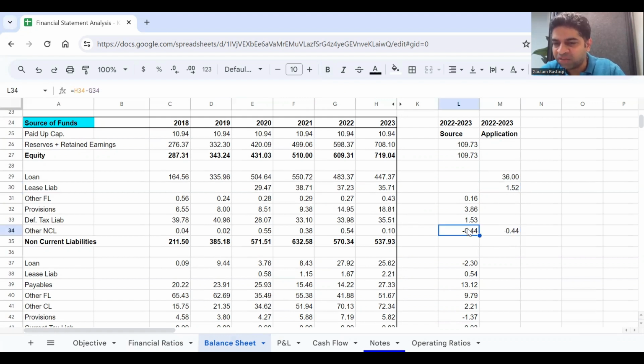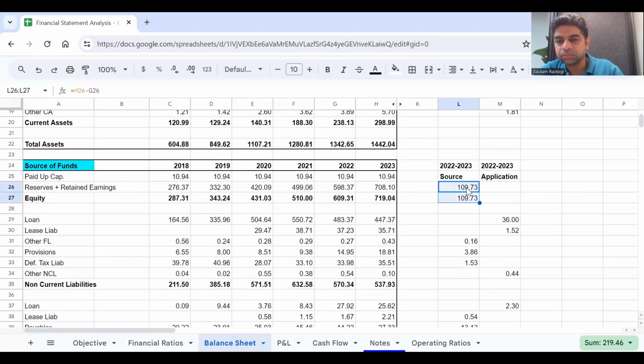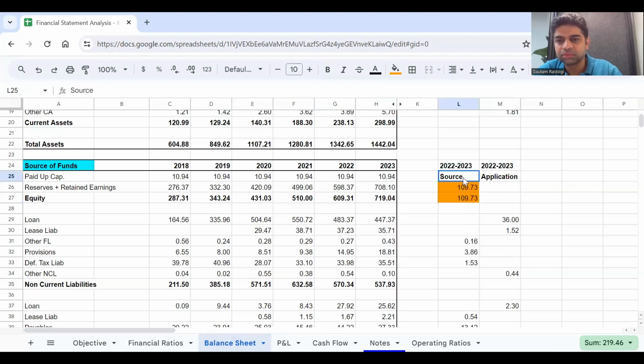And then it will just become very easy to understand how the balance sheet has evolved over time, how they have allocated capital, what they have done with that capital. All right. And the sources, let me just highlight them with, say, orange.